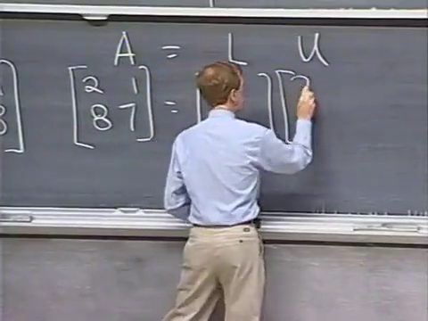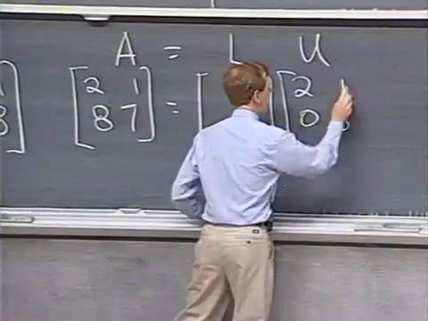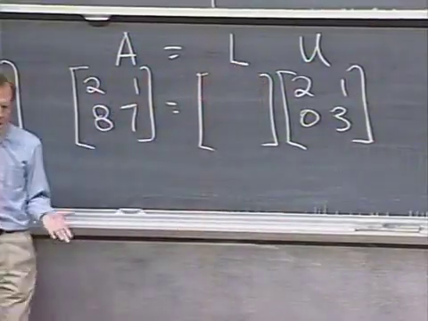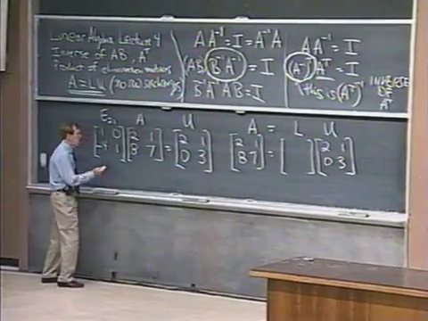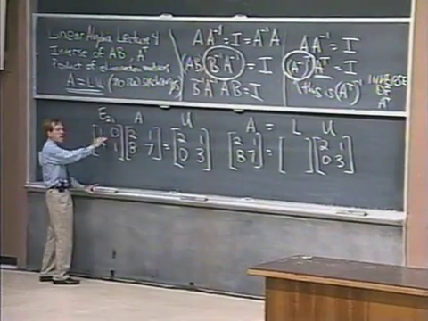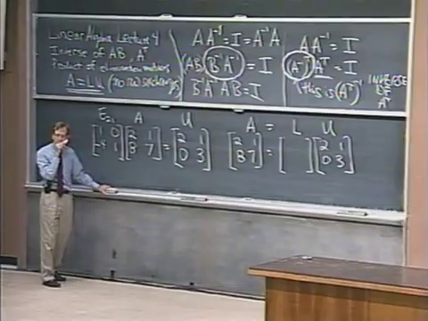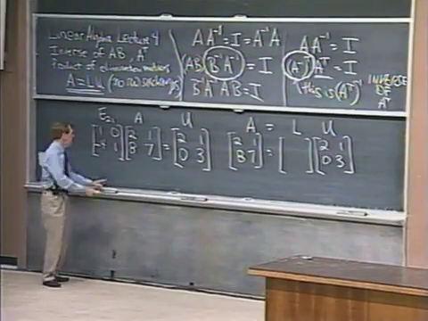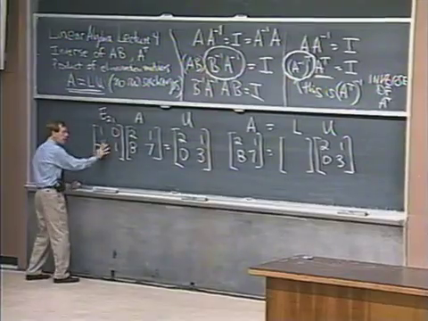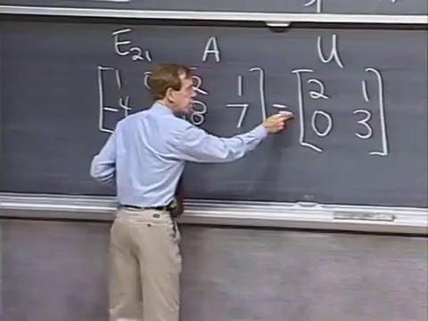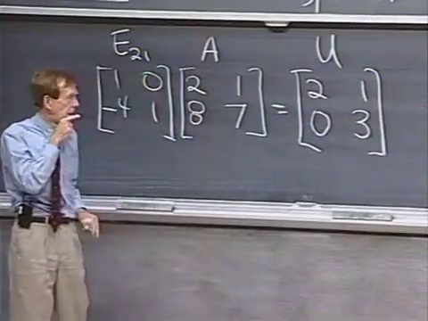And U is still 2, 1, 0, 3. Okay, so what's L in this case? Well, first, how is L related to this E? It's the inverse. Because I want to multiply through by the inverse of this, which will put the identity here, and the inverse will show up there, and I'll call it L.